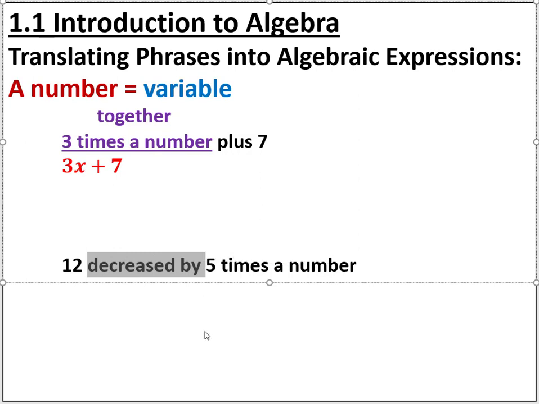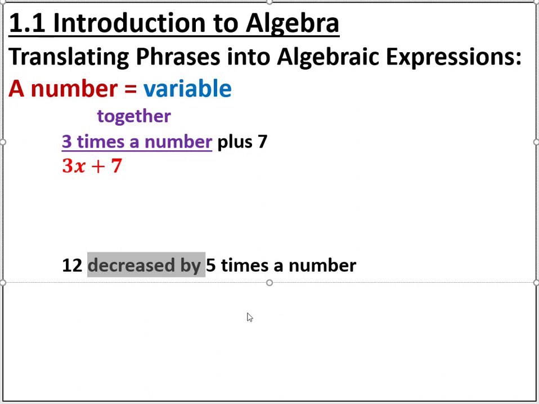What came in front of decrease by is the 12. And what comes after is 5 times the number. So the 12, since it's in front of decrease by, that's going to be the first part. Whatever came after decrease by, that's going to be the second part. So notice in the second part it says 5 times the number. So that means that the 5 and the number will go together.